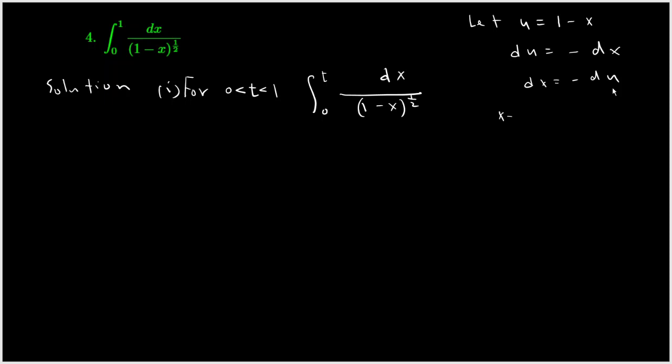Okay, x value of 0 will give you, use the relation between u and x on top, will give you u value of 1, I believe. Right. X value of 0 will give you u value of 1. And x value of t will give you u value of 1 minus t.